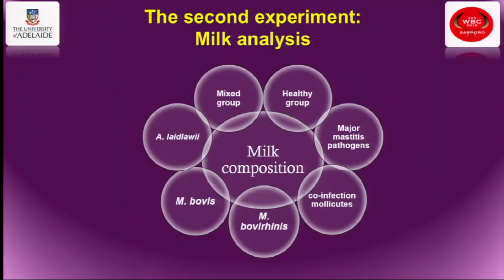In the second experiment, we compared the effect of six different groups, according to their culture and PCR results, with the healthy cows on milk composition, including individual M. bovis, M. bovirhinis, Acholeplasma laidlawii, co-infection mollicutes (two or more of these mycoplasmas), and other major mastitis pathogens, including Strep, Staph, E. coli, and coliforms.